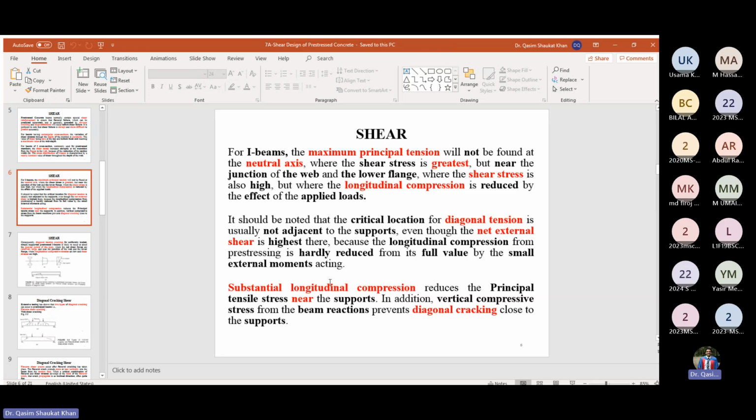So substantial longitudinal compression, large values of longitudinal compression from the pre-stressing reduces the principal tensile stresses near the supports. In addition, vertical compressive stress from the beam reactions prevents the diagonal cracking close to the support.